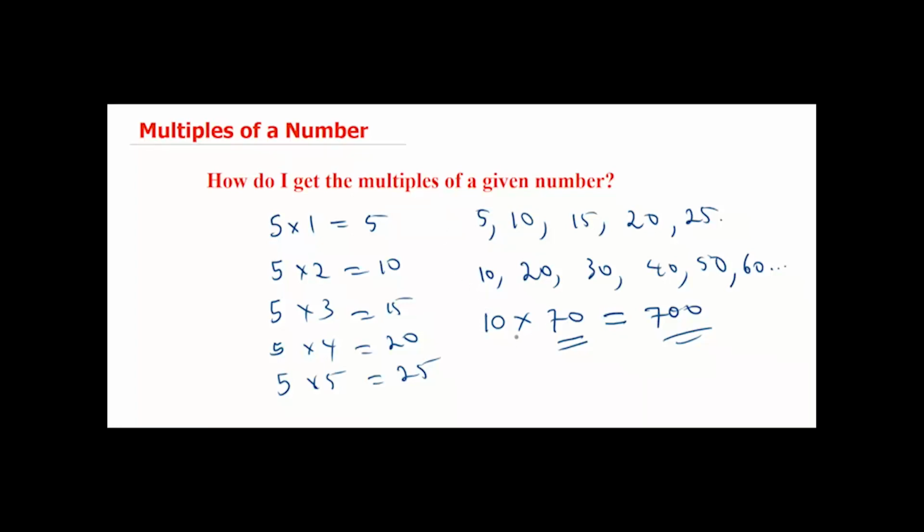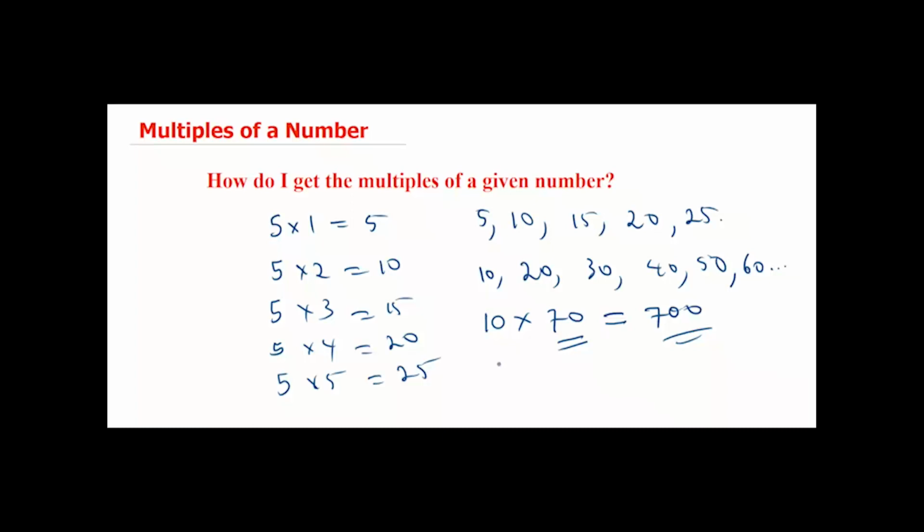But let's say you just want to get the 5th multiple of 10. The position is 5th, which is not far. So you can count in tens: 10, 20, 30, 40 and 50. So you can count in tens if the position is not far. But if the position is very far, all you need to do is to multiply the given number by the position.